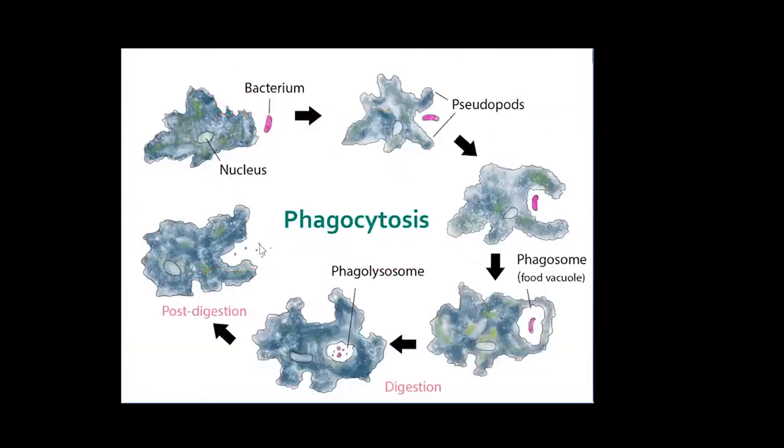Basically, in the picture here, we have this special kind of cell, and some bacteria here. The cell can change its shape, like opening a big mouth here, and cover the bacteria.